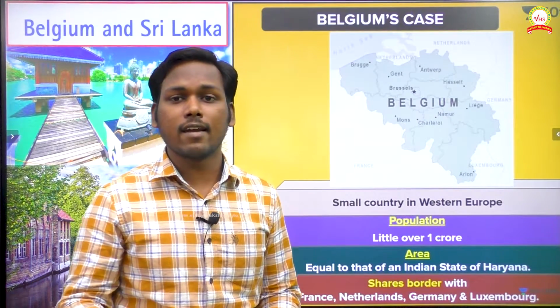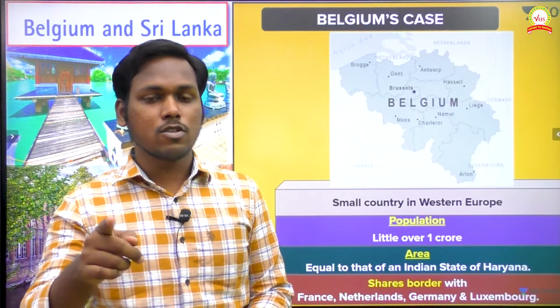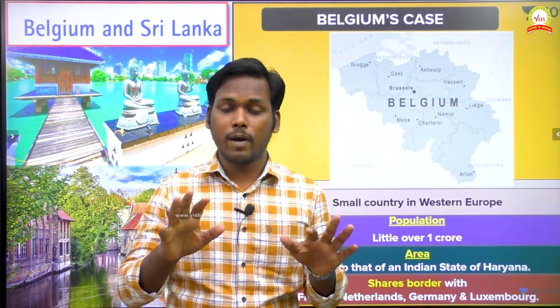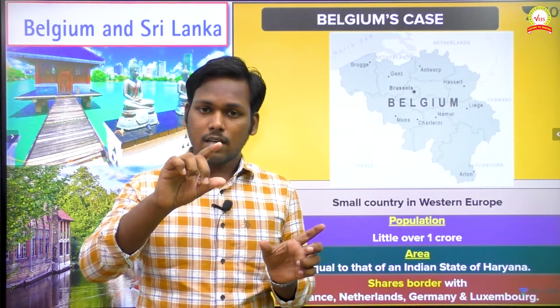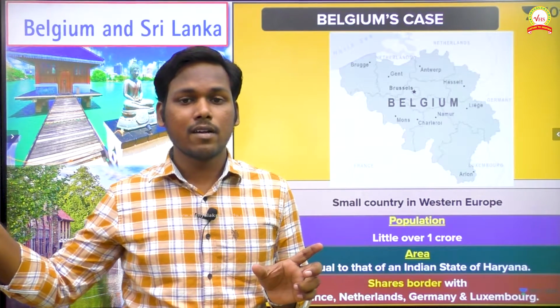The moment I hear the word border sharing, we need to know about our India also. You might have studied this in your lower classes, right? India shares border with 7 different countries, starting from Pakistan and ending with Bangladesh. In between, you might have studied Pakistan, Afghanistan, China, Nepal, Bhutan, Myanmar, Bangladesh.